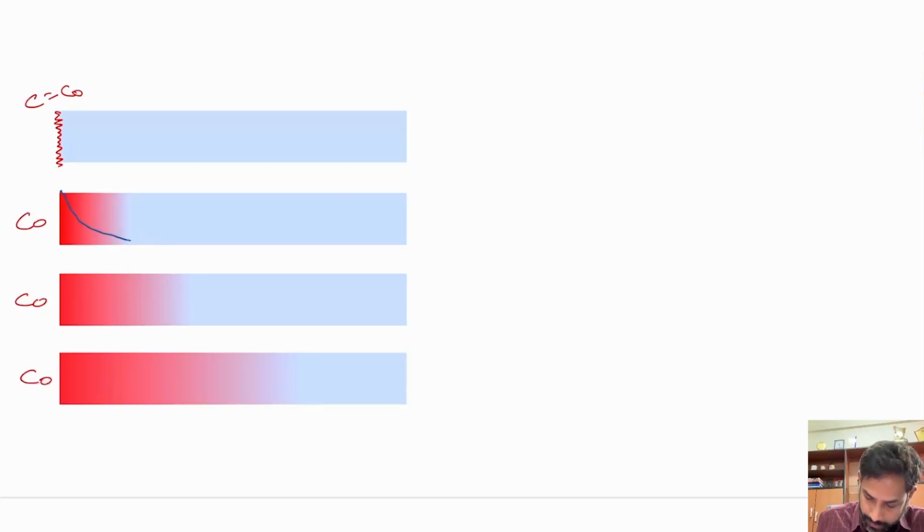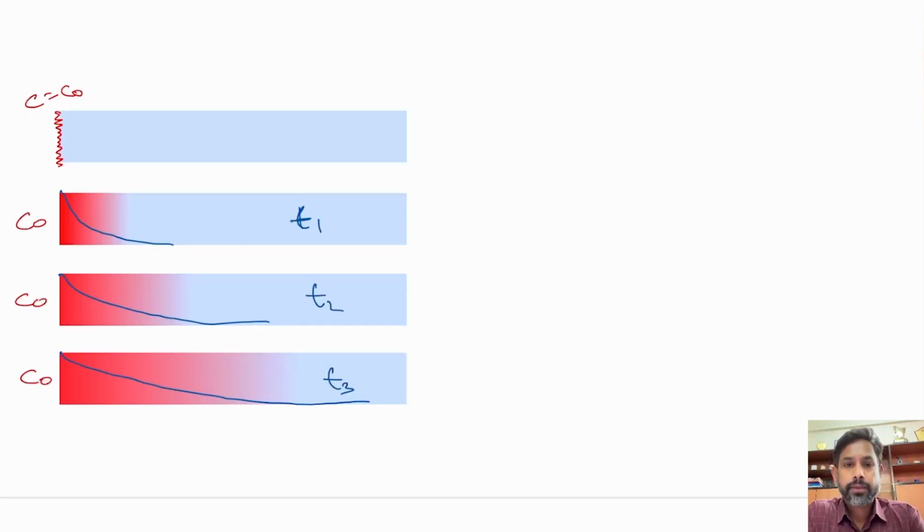It's not coming out perfect, but you can imagine how the concentration decreases. So at t equal to t1, it decreases within a small length scale. This is t2, this is t3. So it decreases within a small length scale for a smaller time. As time increases, the length scale within which the concentration goes from C0 to 0 increases.